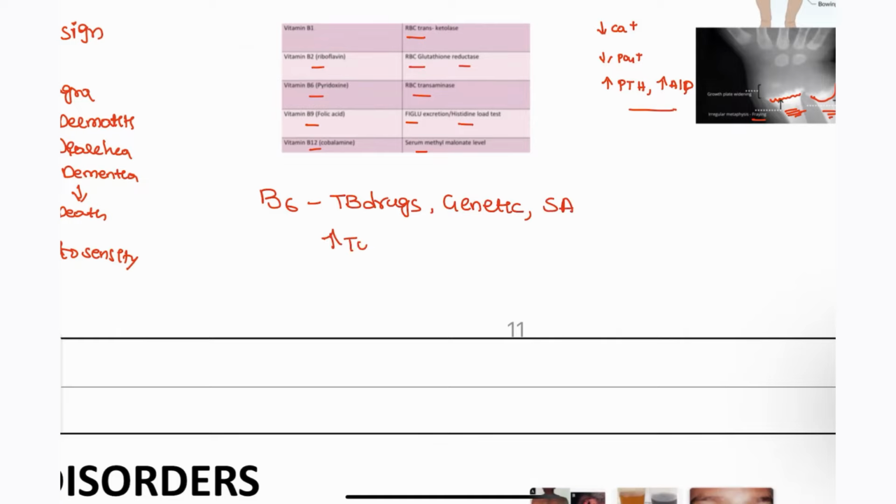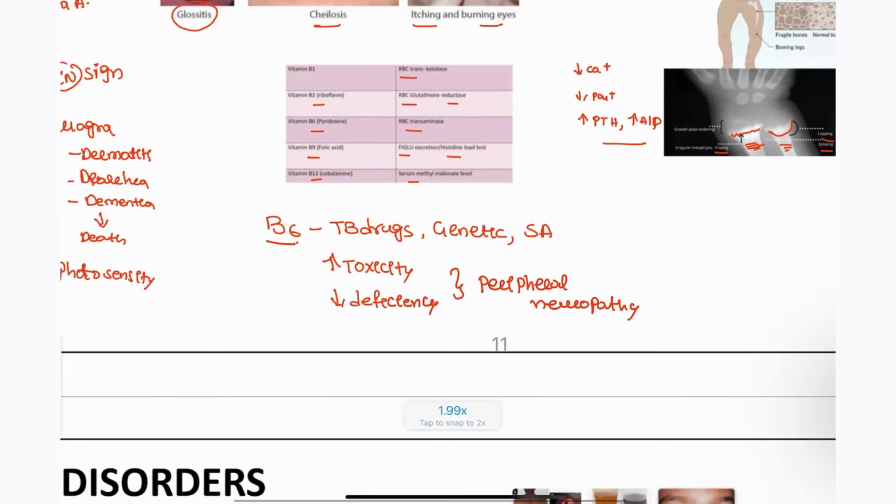There will also be toxicity with increased intake. It is the only water-soluble vitamin which shows both deficiency and toxicity, and both presentations are going to be peripheral neuropathy. Peripheral neuropathy is seen in this patient, right? This is the difference that you have to take note of. These are the important points, guys.